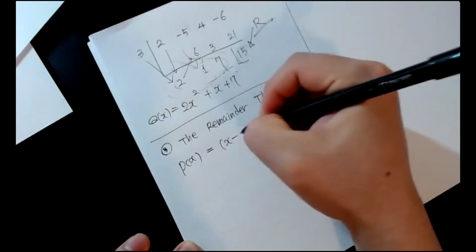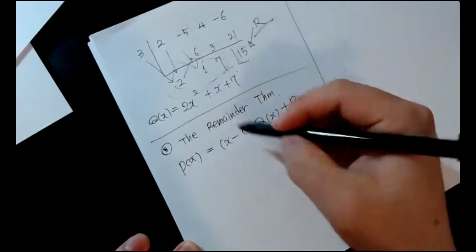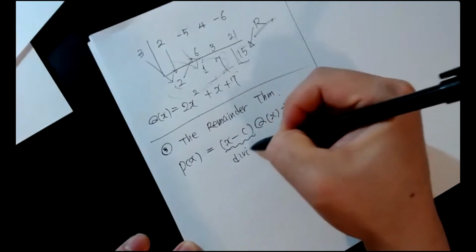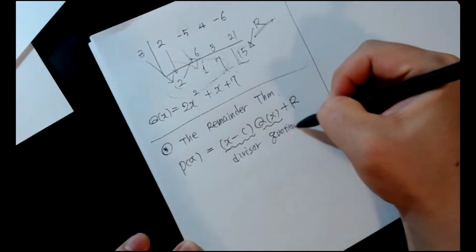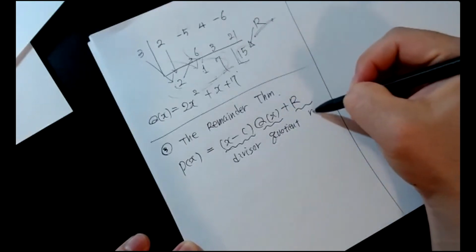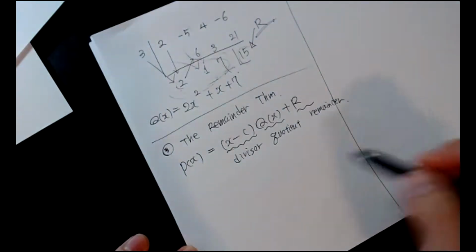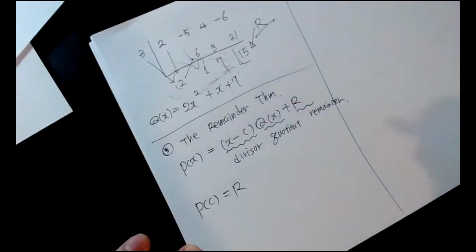In general, let's say p of x equals x minus c, times q of x, plus r. So the divisor is x minus c, this is the quotient, and this is the remainder. Then p of c is equal to r. That makes sense, right? That's the remainder theorem.